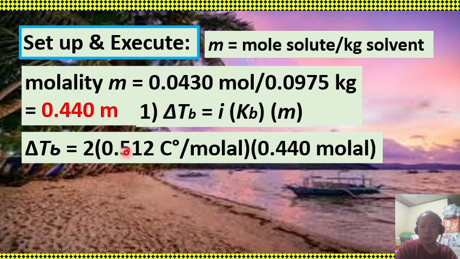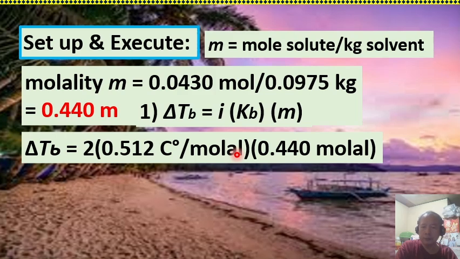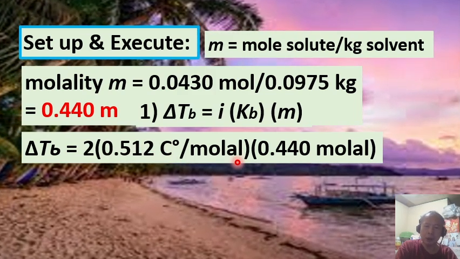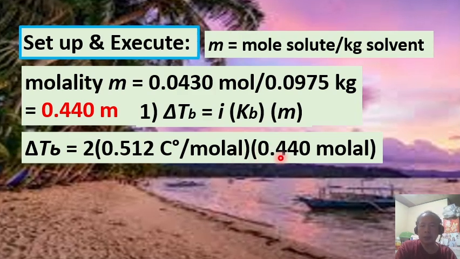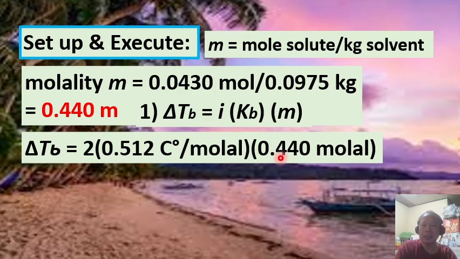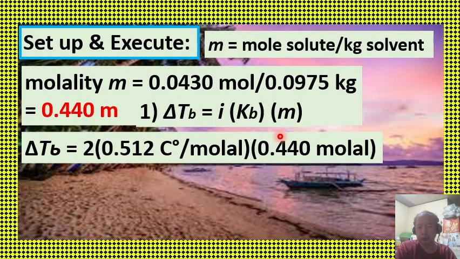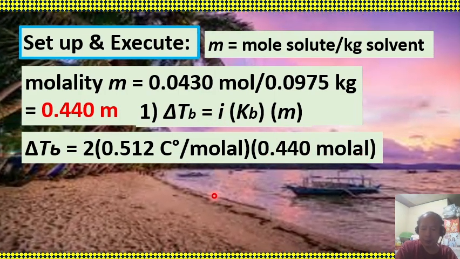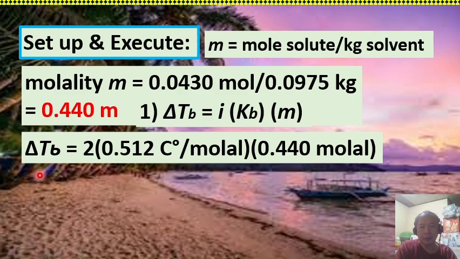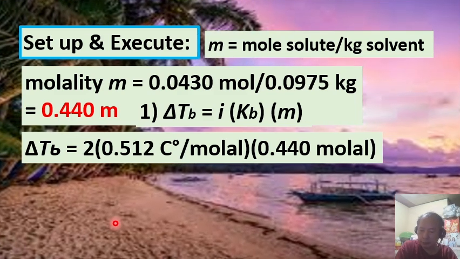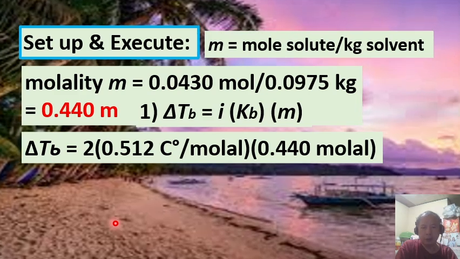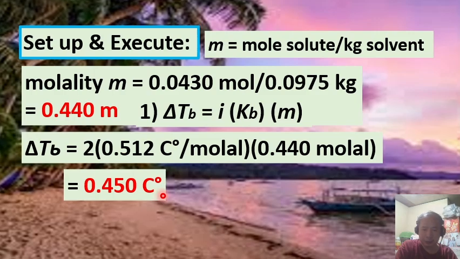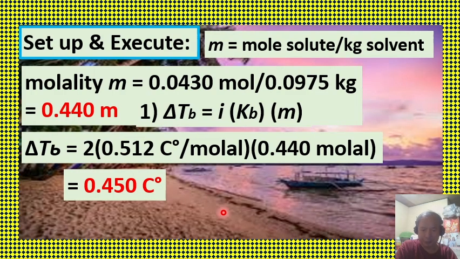Then the value of capital K sub B of the solvent water is 0.512 Celsius degree per molal, multiplied by the computed molality of the sodium chloride solution, 0.440 molals. When we do the math, we find the value of delta capital T sub B of the sodium chloride solution equal to 0.450 Celsius degree in 3 significant figures.